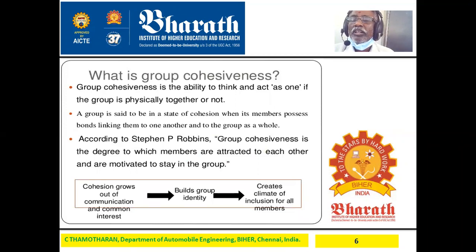Group cohesiveness is the degree to which members are attracted to each other and are motivated to stay in the group. According to Stephen P. Robbins, group cohesiveness is the degree to which members are attracted to each other and are motivated to stay in the group.